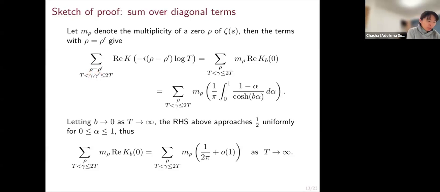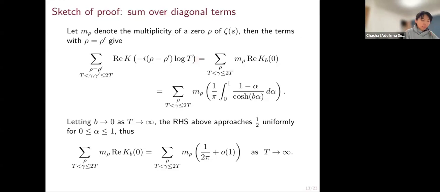Then the kernel is just zero there. But because this is originally a double sum over rho and rho dash, you get the multiplicity of the zero multiplied inside the sum. You might have noticed that I lost my weight here, but we can show that we can remove the weight, which will come back later. For now we just take this summation without the weight and take the real part.